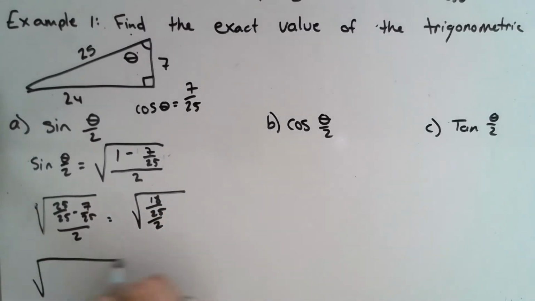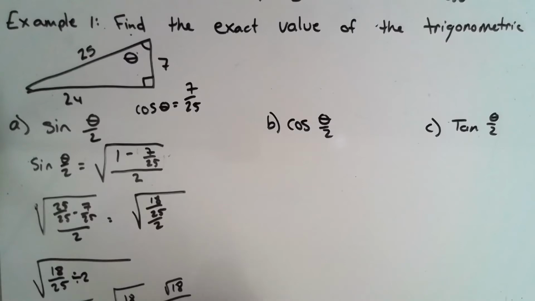Which is the same thing as 18/25 divided by 2, which is the same thing as 18/25 times 1/2, flip it, which gives us 18/50, which is the square root of 18 over the square root of 50. 50 is 5 times 10 and 5 times 2, so that's 5 square root 2. 18 is 9 times 2, 3 and 3, so 3 square root 2.